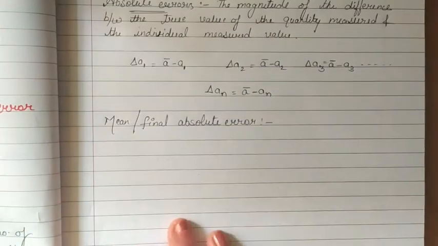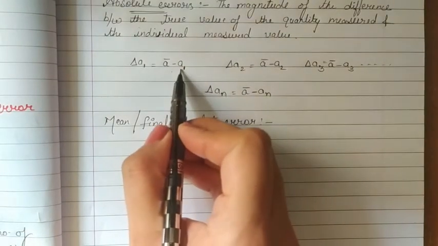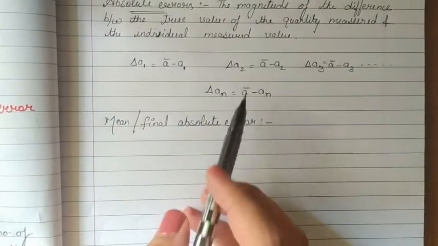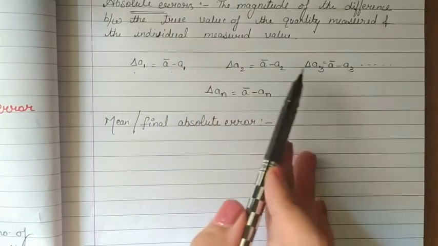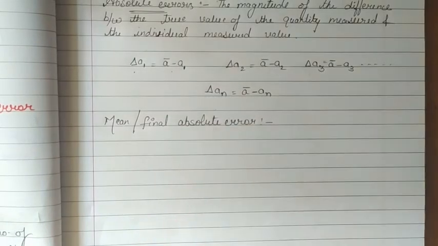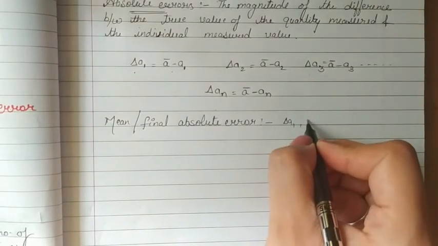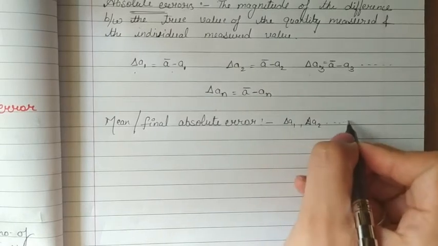Now these absolute errors can be positive or can be negative, but while calculating this final absolute error, we are going to take only the magnitude of these absolute errors. The arithmetic mean of positive magnitudes of all the absolute errors is called mean absolute error. So suppose you have errors delta A1, delta A2 up to delta An.